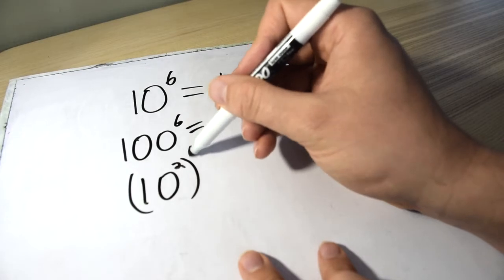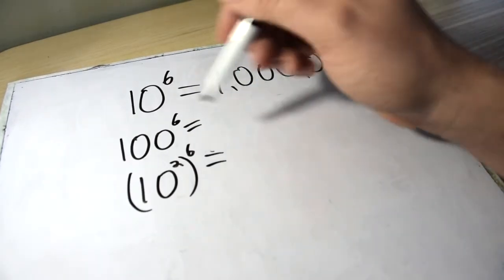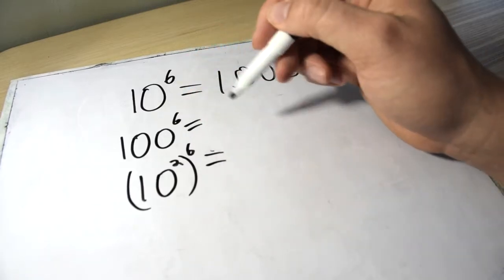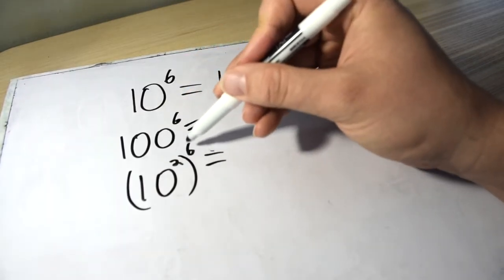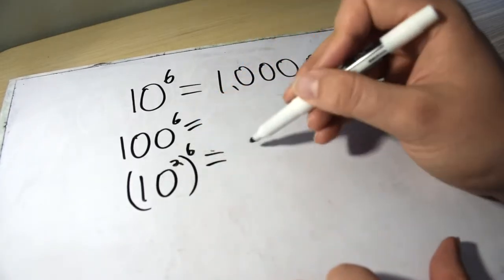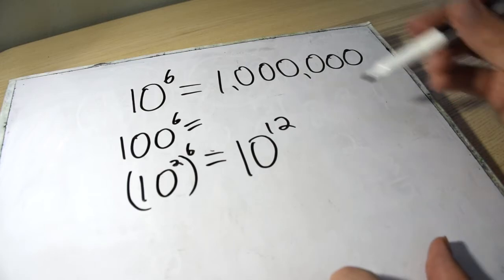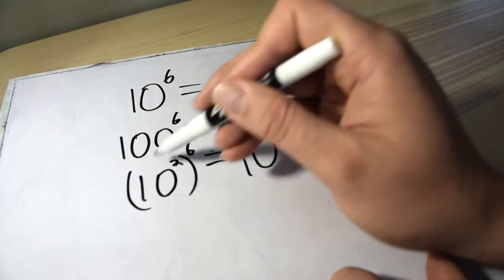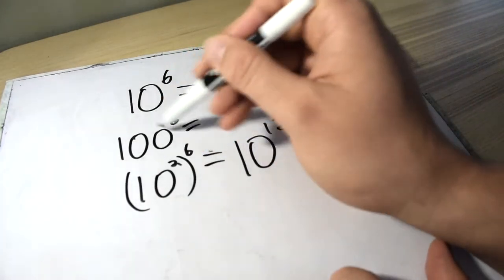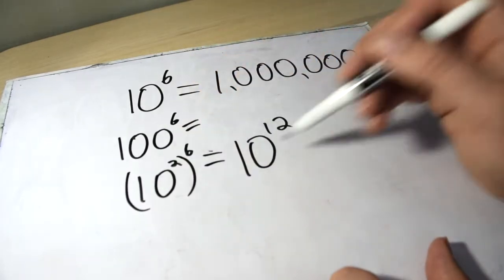And so if I have that to the 6, well, there's this cool sort of rule in exponents where 2 times 6 is 12. That equals 10 to the 12. So what I did there was I used an exponent rule to change the 100 to a 10 squared, and then use an exponent rule to do that.